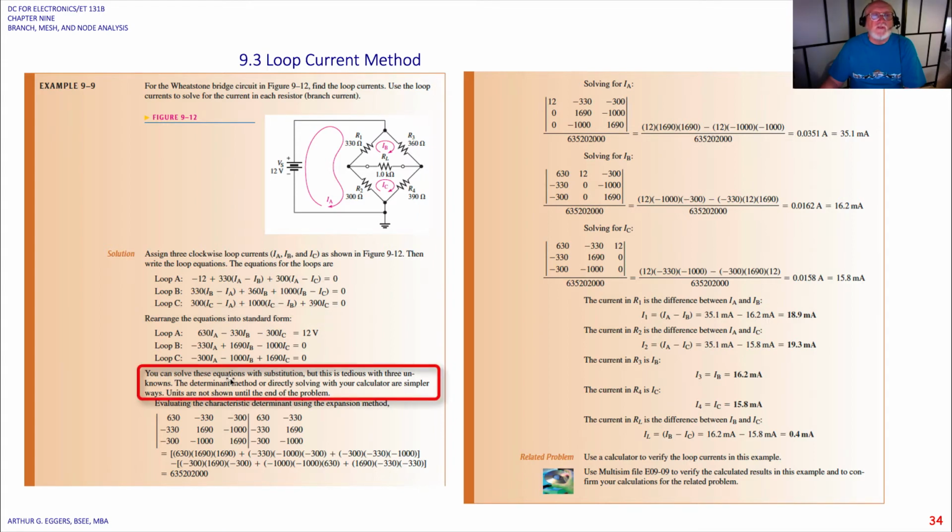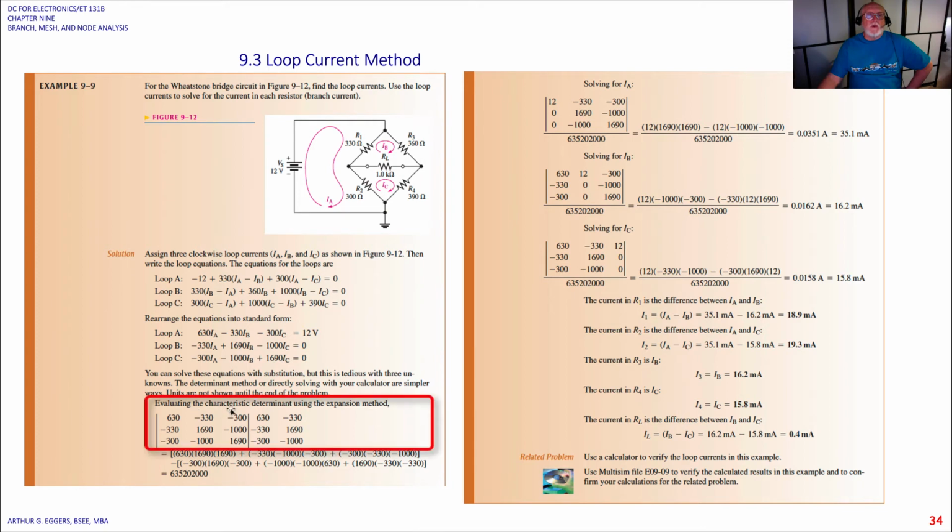So you can solve these equations with substitution, but this is tedious with 3 unknowns. So the determinant method or directly solving with the calculator are simpler ways. Units are not shown until the end. So again, if you've learned on your calculator how to use the matrix functionality, I would try it with that. It'll make the math on this a lot easier.